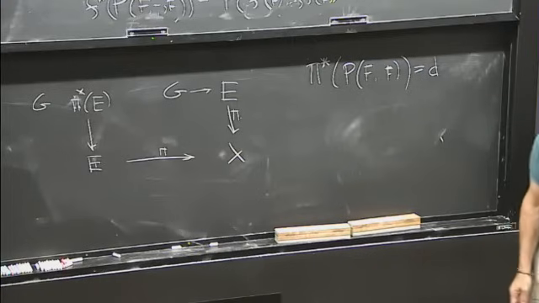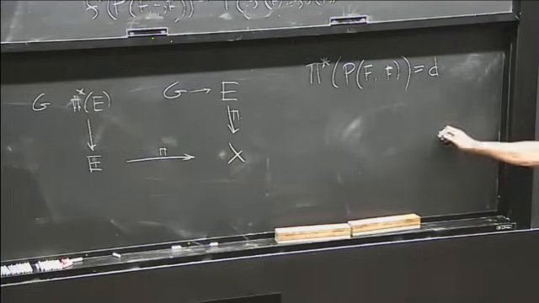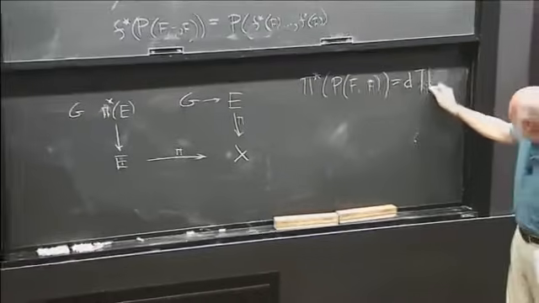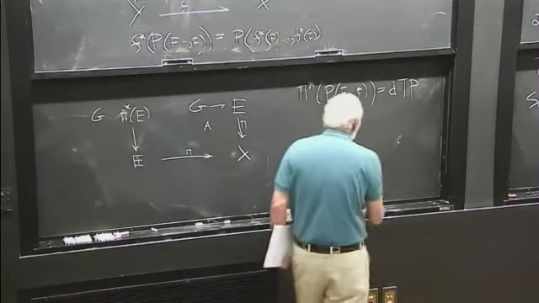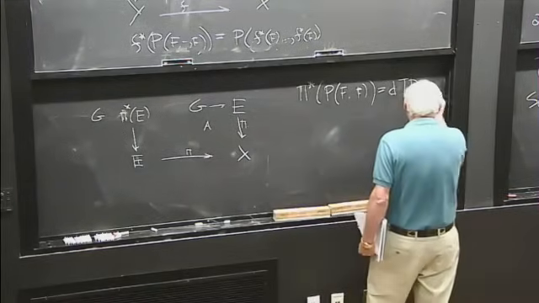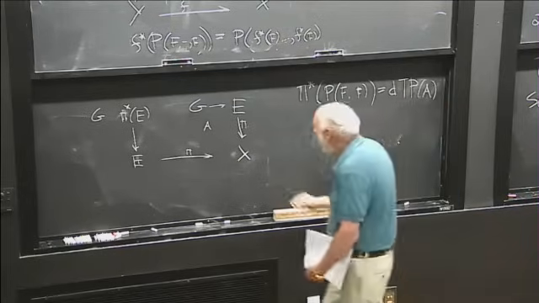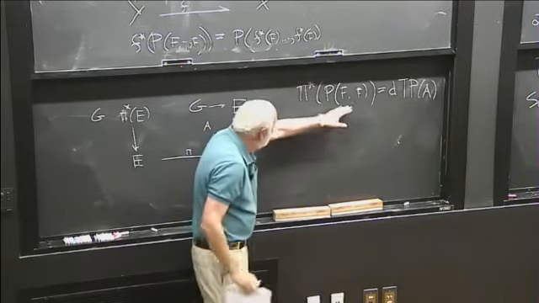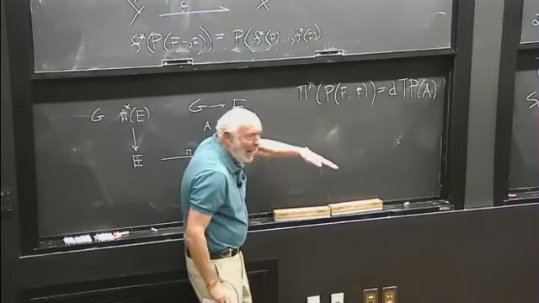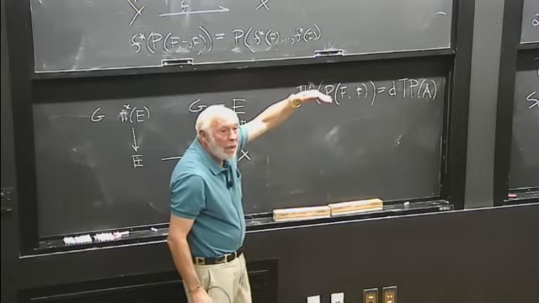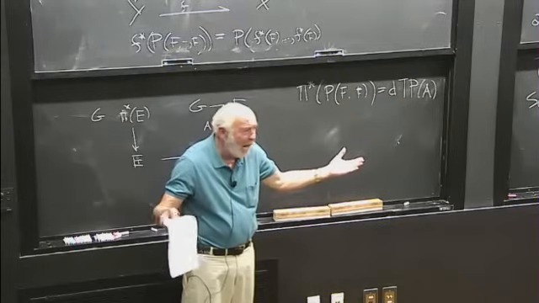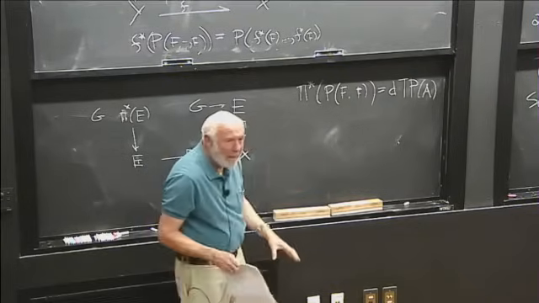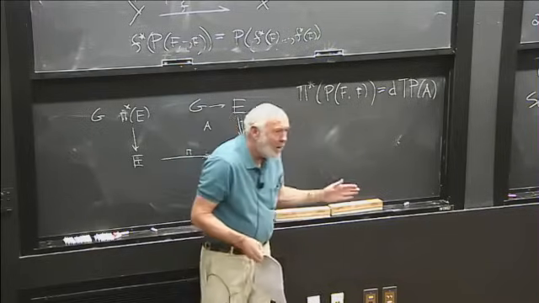It has to be D of something, and that something we're going to call TP of A and F. We'll just call it TP of A. So what I'm saying is I have a form down here, a characteristic form, P of these things. I lift it upstairs innocently. I just pull it up, and all of a sudden it cracks open and becomes exact. Just as in the sphere bundle, that characteristic form was exact when we pulled it back up to the sphere bundle. That phenomenon is very generally true.